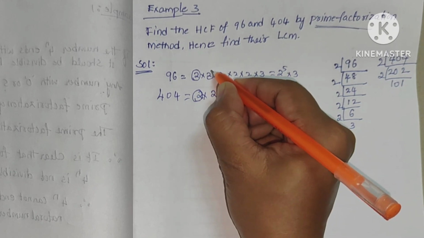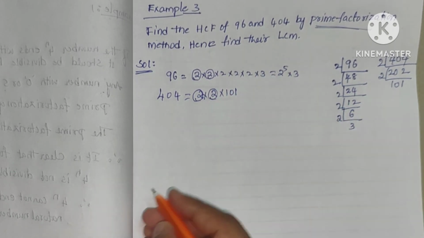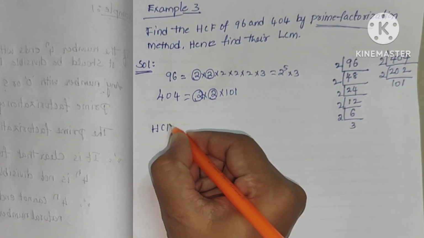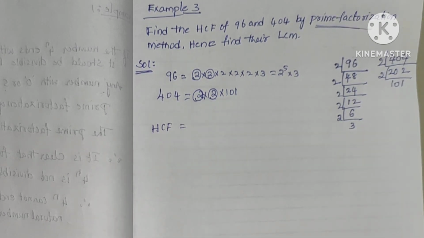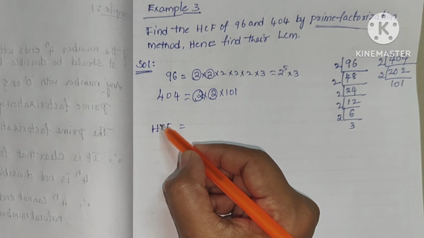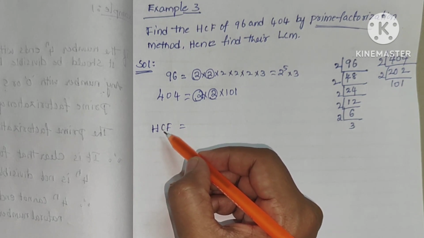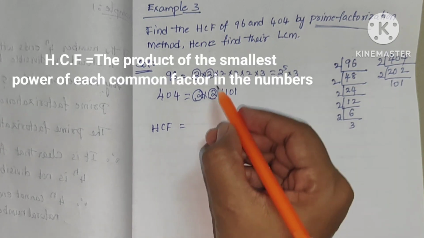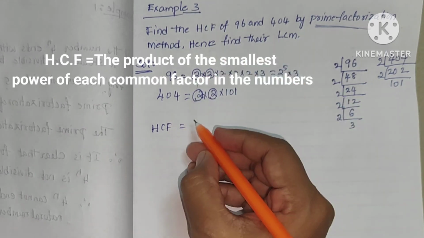2 2, again 2 2. First we have to find the HCF now. So what is HCF? Highest, na? So opposite. Okay, opposite, that means product of the smallest power of each common factor. So common and smallest power.